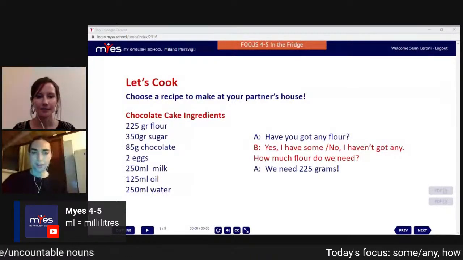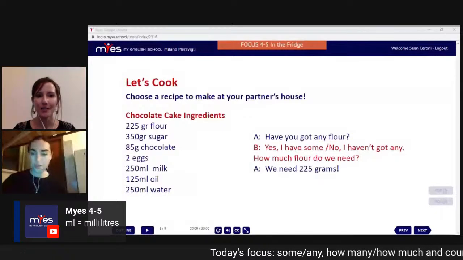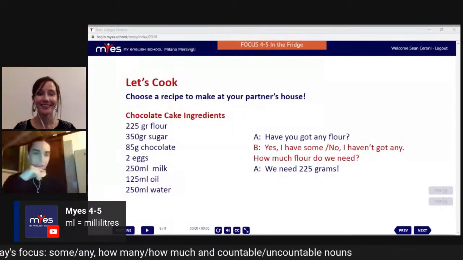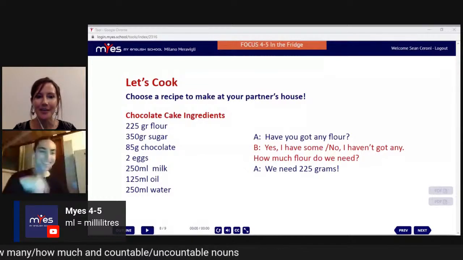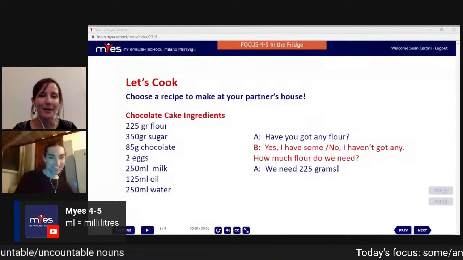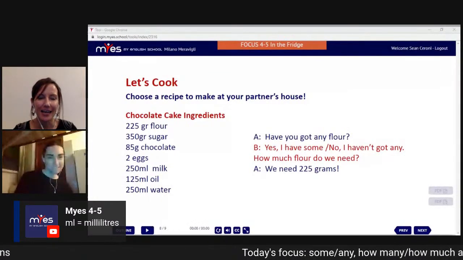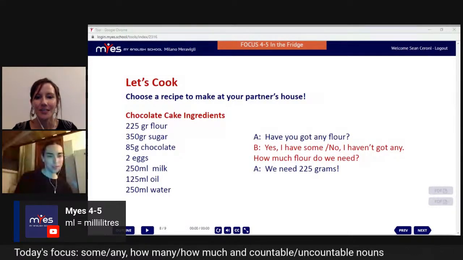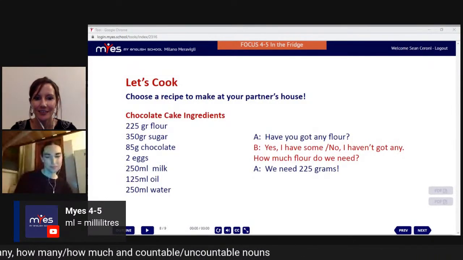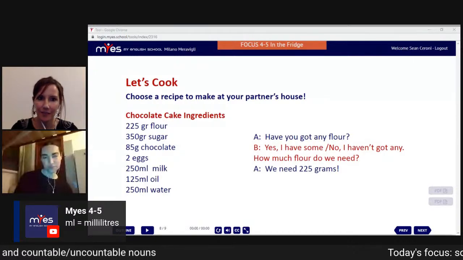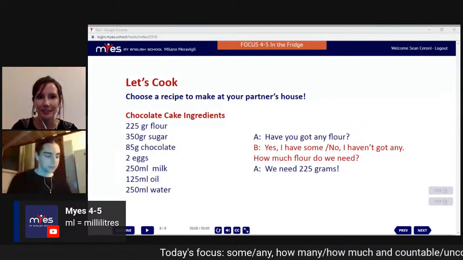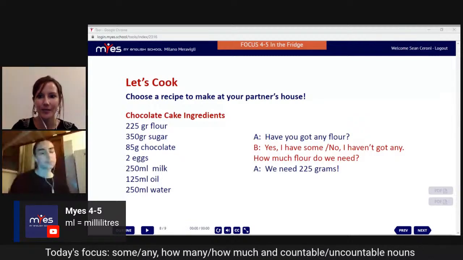Maybe we should look at the ingredients. Should we look at the numbers, because numbers are hard to say? Good idea. So the first one, for the flour, we say 225.